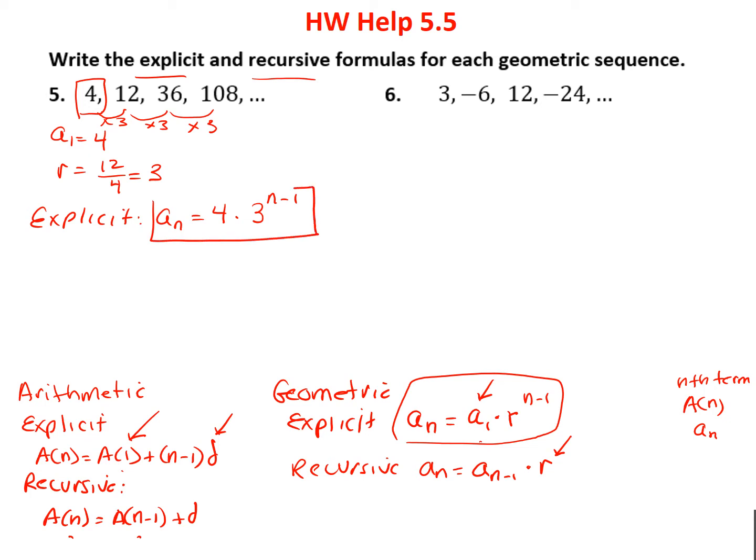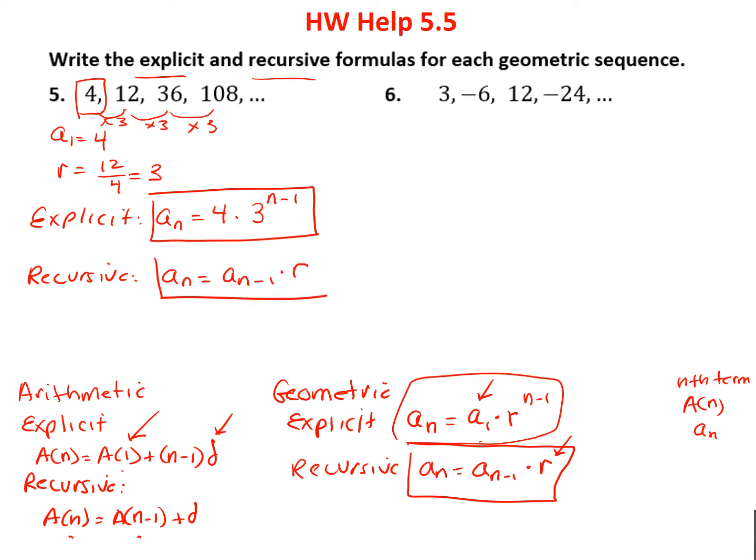So there's my explicit formula. For the recursive, again, very simple. Here's my recursive. So I have a sub n equal a sub n minus 1 times the common ratio. And that's our two answers.